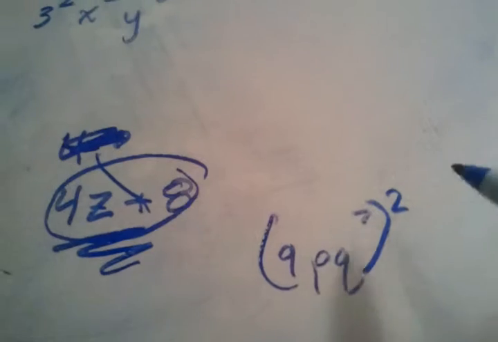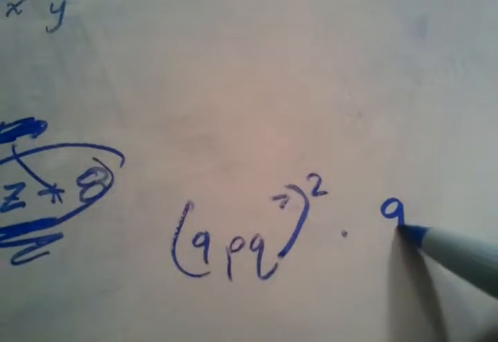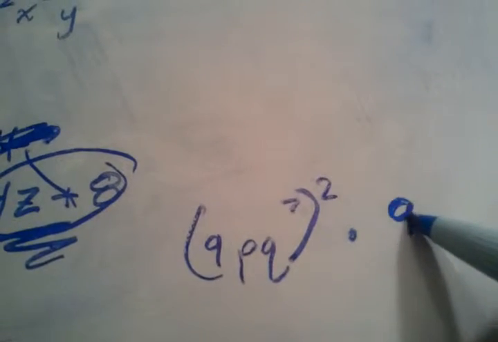And the last recap question of the day would be, how do you simplify a question that looks like this? All right, the first thing we got to do is put parentheses, because that's the order of operations.